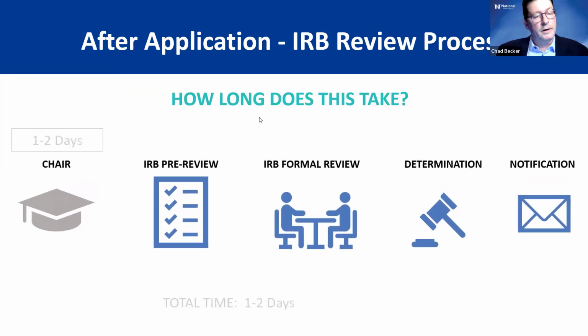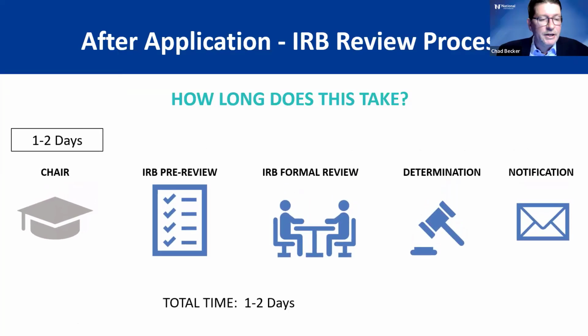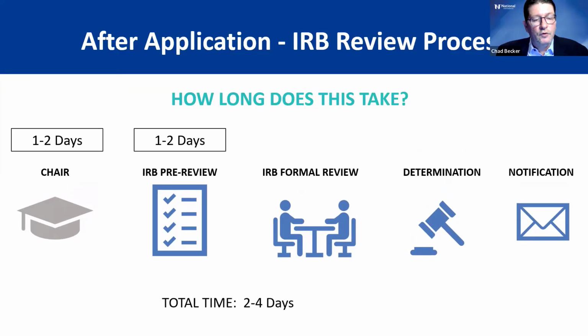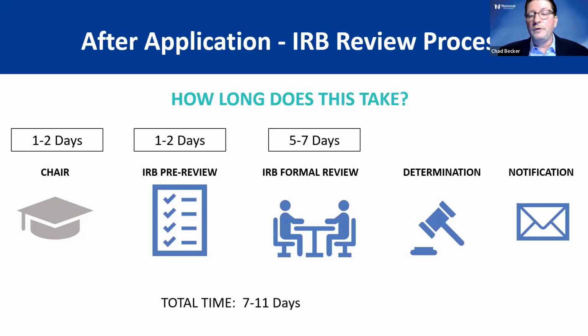For a chair, if that's your situation, it's typically 1 to 2 days. For pre-review, also 1 to 2 days. As I said, we're trying to save you time in this process by helping you see that your application is not complete at this point. If it is, it moves to full review, which can take 5 to 7 days. You can see our total is adding up on the bottom.